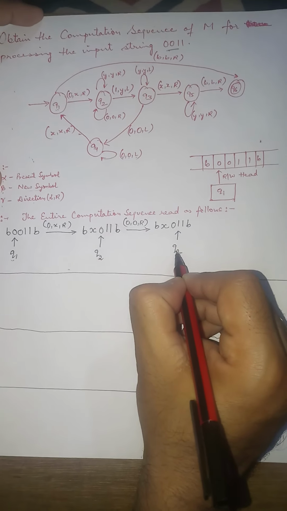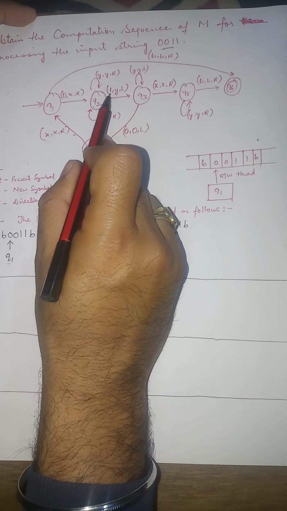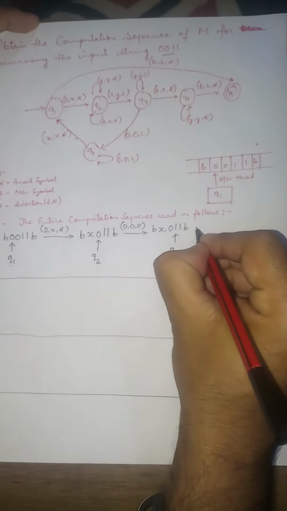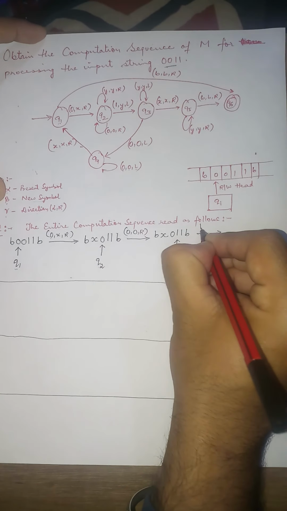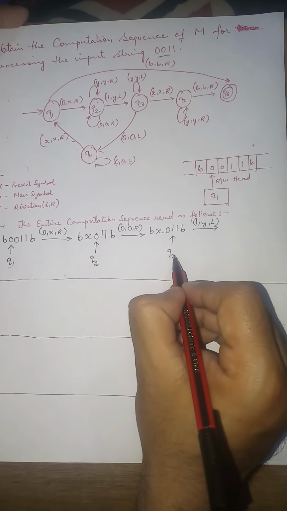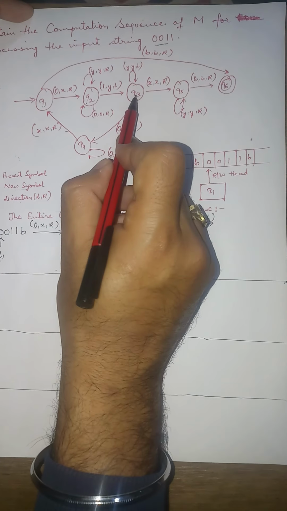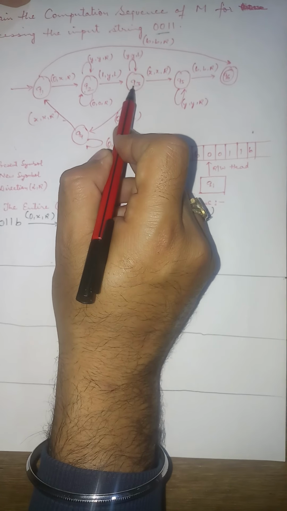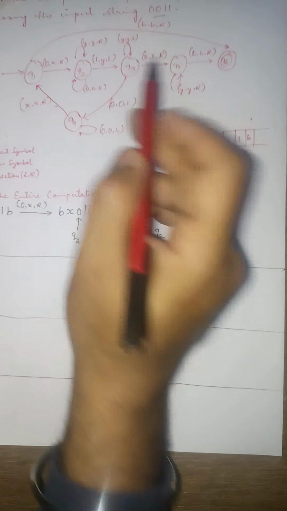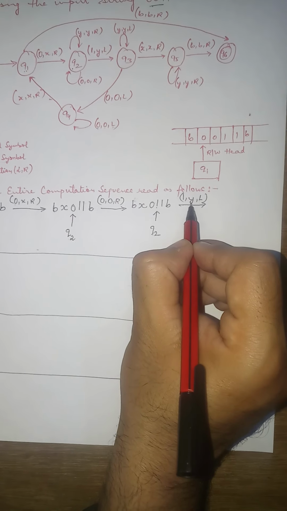Next you need to check q2 upon the processing of 1. q2 upon the processing of 1 goes to q3, and the move is 1 comma y comma l, right? So what you need to write? It means you get a new state, that is q3, but this time this 1 will be replaced with y.